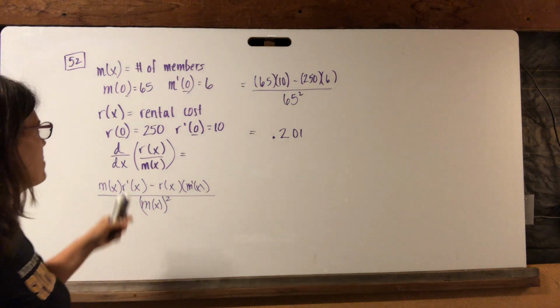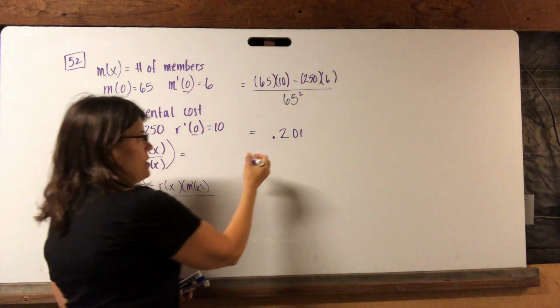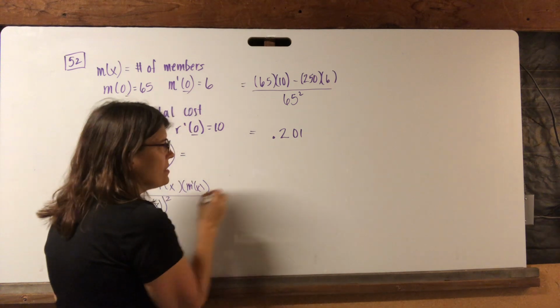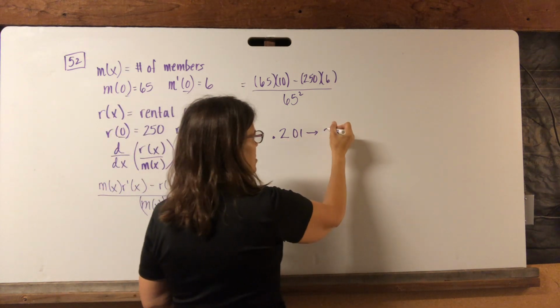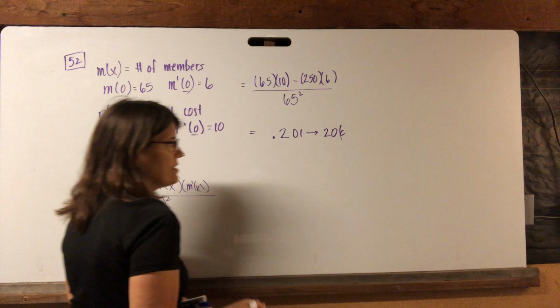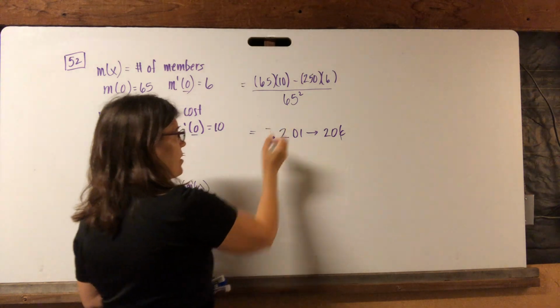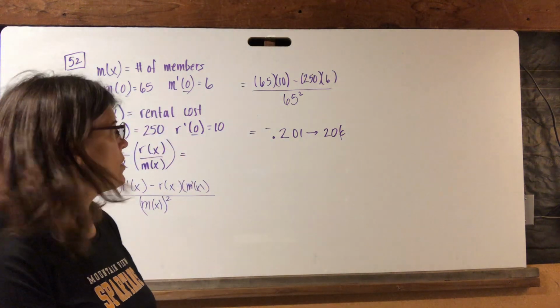Okay, so we're talking about dollars per member. So this is 0.201, which is 20 cents. And it's negative. It's negative 0.201.